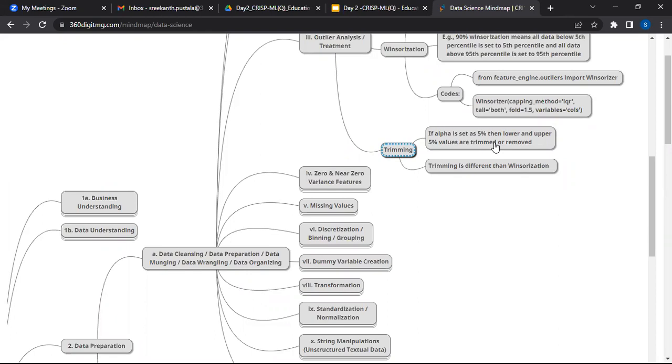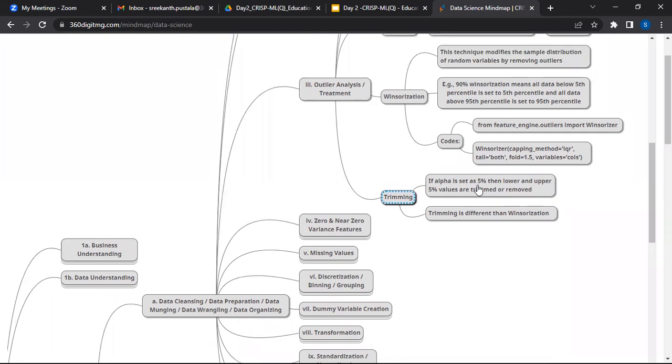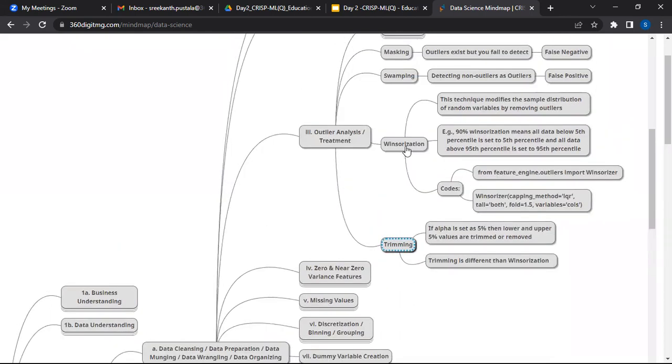We are going to find the Q3 value and Q1 value, Q3 minus Q1 is the IQR. Using the IQR value, we are going to find the upper limit and lower limit values, and based on that, we are going to remove the outliers. So trimming is different from winsorization. Here we are going to retain the value and here we are going to remove the value.